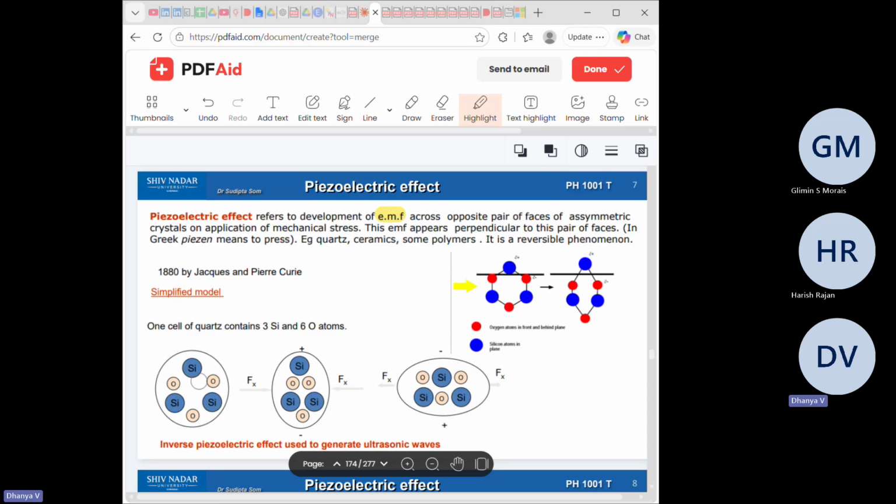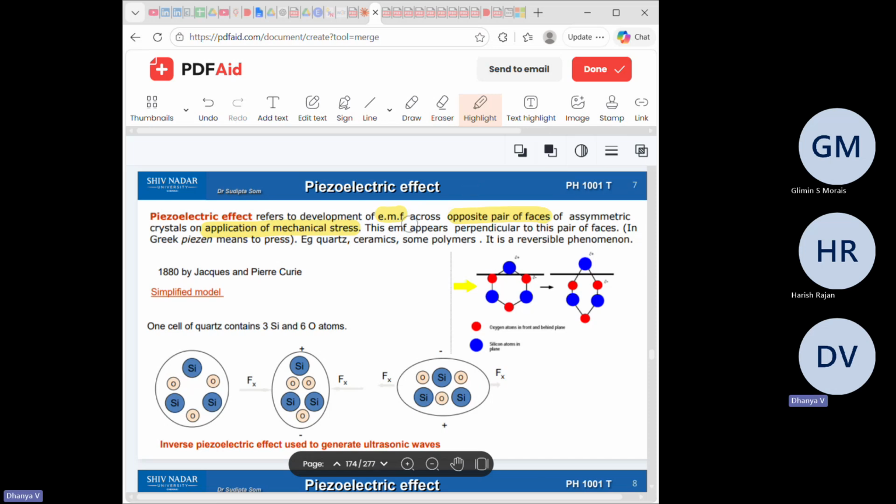So when you apply some pressure or tension, there's continuous relaxation, and this is your application of mechanical stress. There are opposite poles generated, so this produces an EMF, and this EMF appears to be perpendicular to the pair of faces.